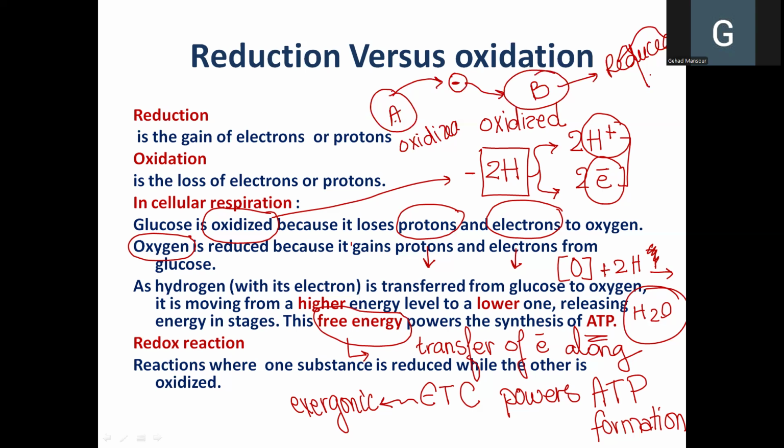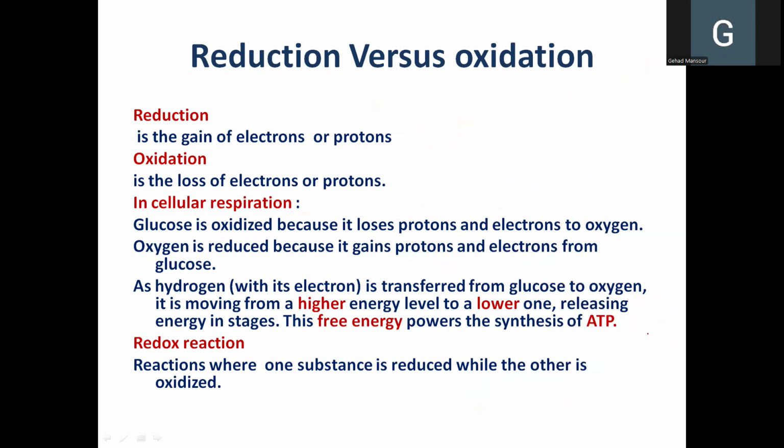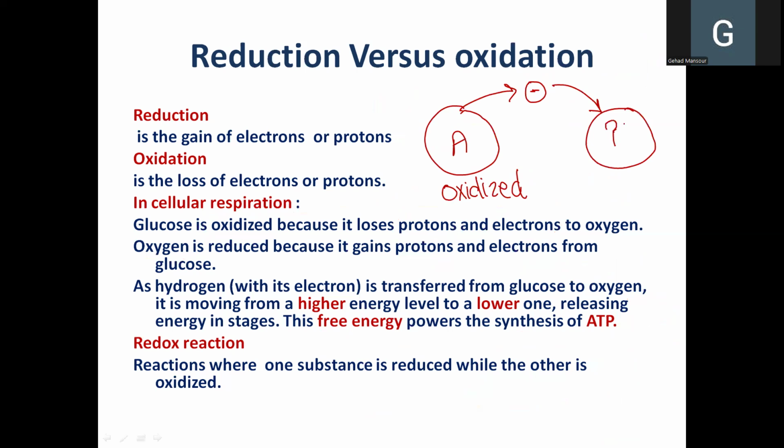So we always have coupling between oxidation and reduction, because if substance A loses an electron, meaning that it gets oxidized, and that electron is not received by another substance B, which gets reduced, then if this substance B is not present, this electron will return to A.